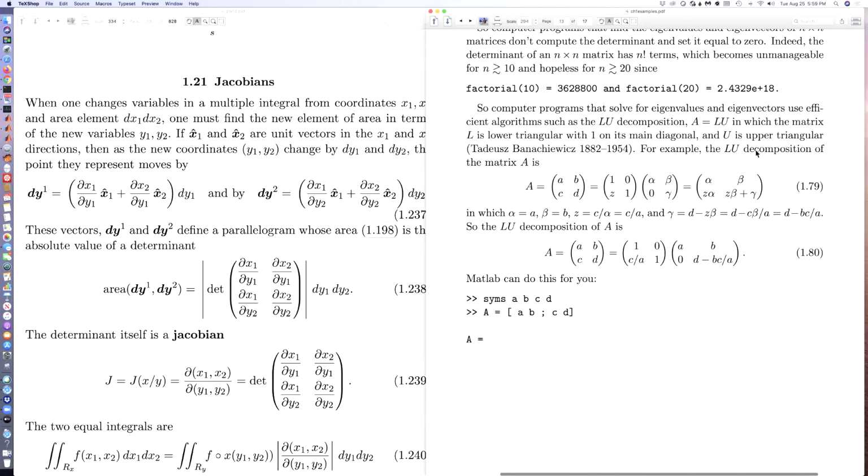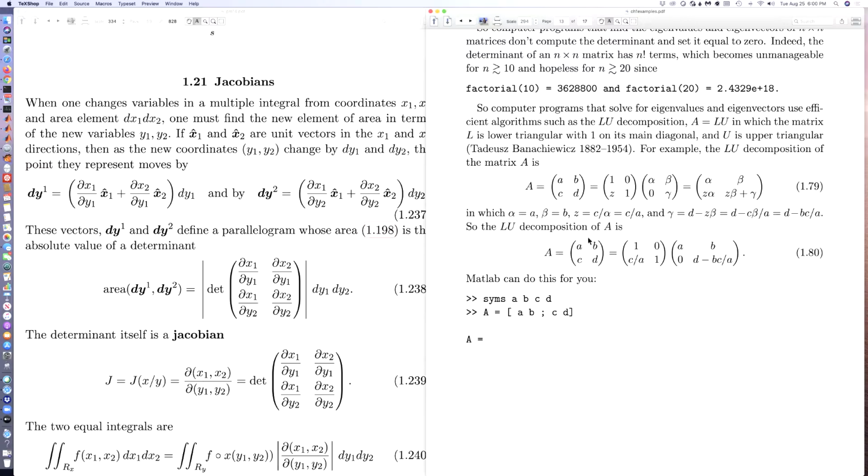So let me show you what it is for a 2 by 2 matrix. The idea is to factor the 2 by 2 matrix into a lower triangular matrix with 1s on the main diagonal and an upper triangular matrix. If you multiply these two matrices together, what you get is alpha, beta, Z alpha, Z beta plus gamma.